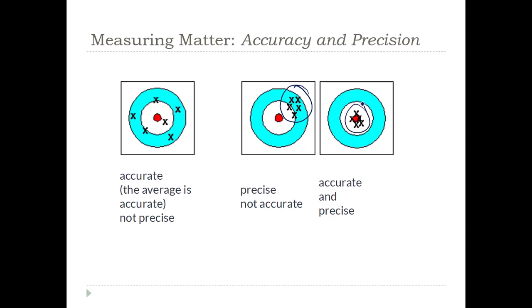Here you're both accurate and precise. And here technically, if you took the average of these points, you would get close to this bullseye, the true value. So this would be described as being accurate but not precise. We could look at the average, and if the average gets us close to the true value, then you're accurate because of the average, but you're not precise.